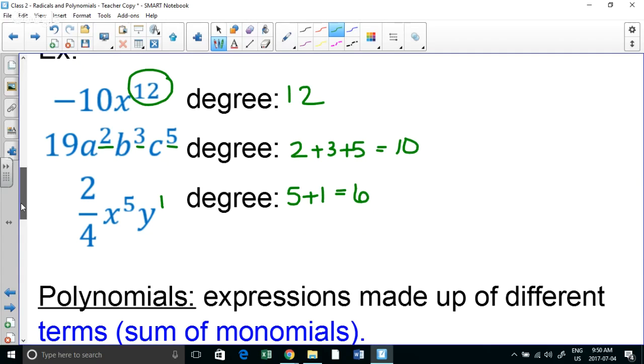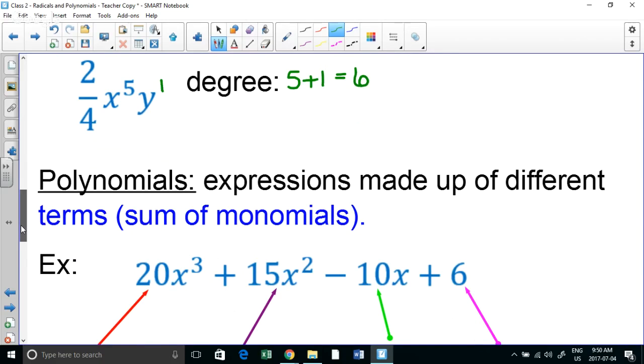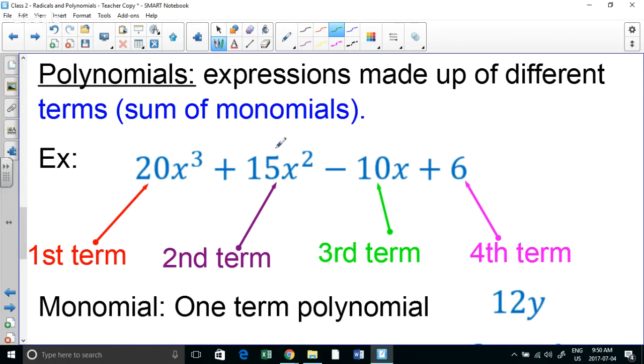A polynomial is a term or an expression made up of different monomials added together. So for example, we have 20x cubed, x squared, and 6. The monomials are all connected by adding or subtracting.